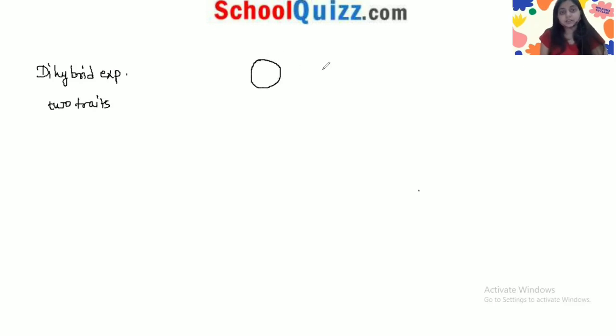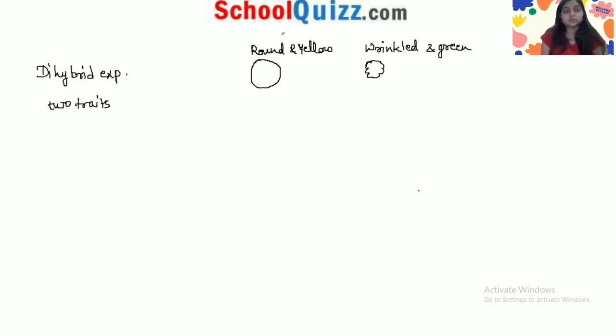There is a round and yellow seed, and there is a wrinkled and green seed.